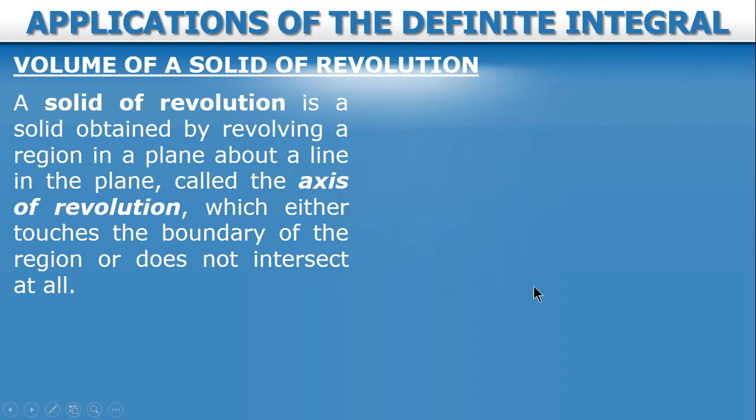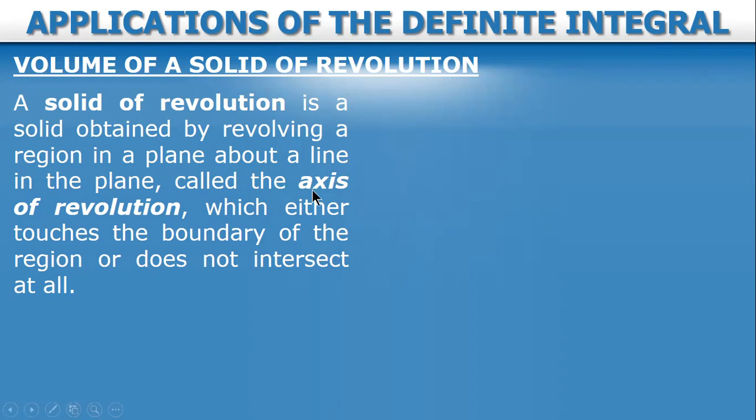So we are considering only two axes, x and y, and then we are going to revolve the region about a line in the plane. So our line is either horizontal or vertical because our rectangular strips are either vertical or horizontal also.